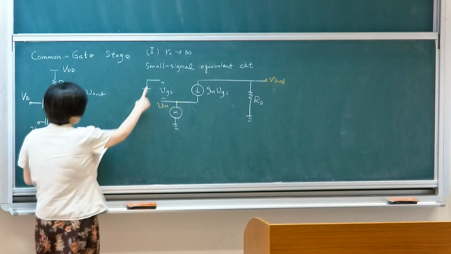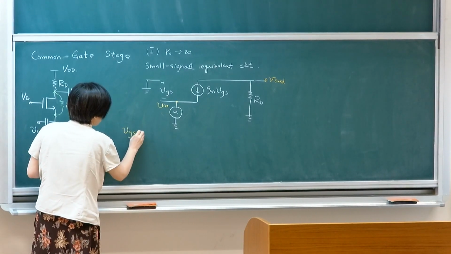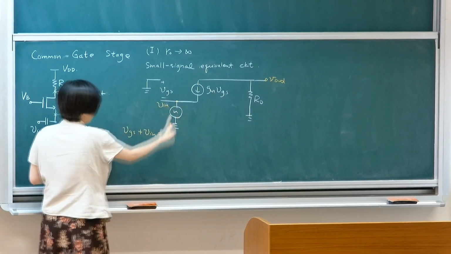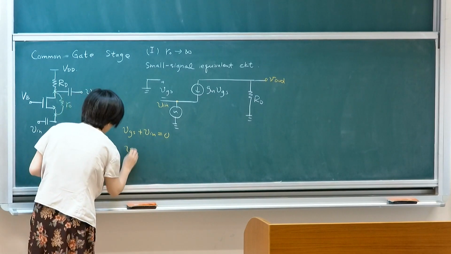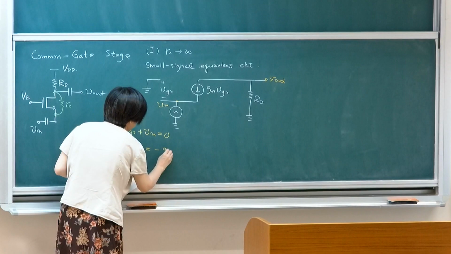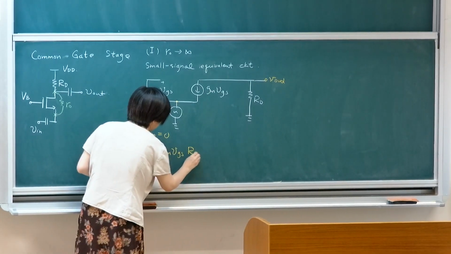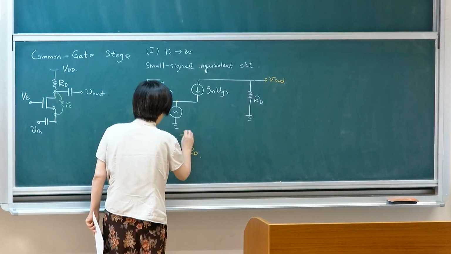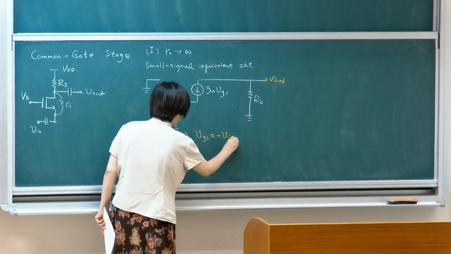So if this is the case, you write down KVL. KVL is VGS plus Vin equals 0. That's your first equation. And then we write down our output voltage. It's fairly easy. It's still gm VGS RD. And by this equation, I know that VGS equals minus Vin.